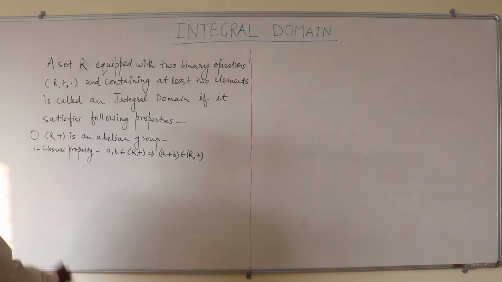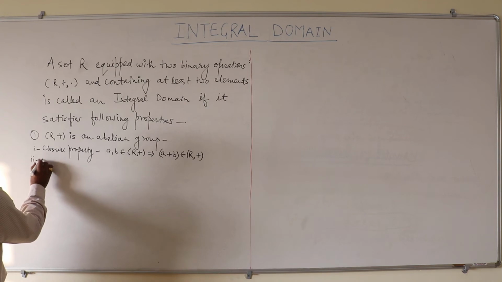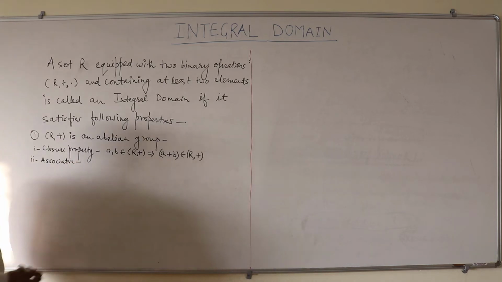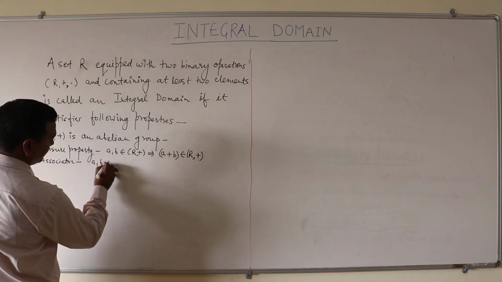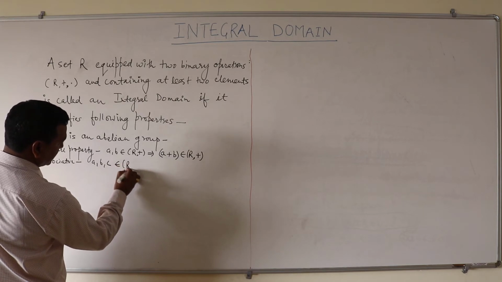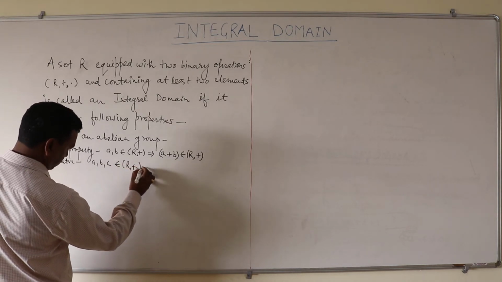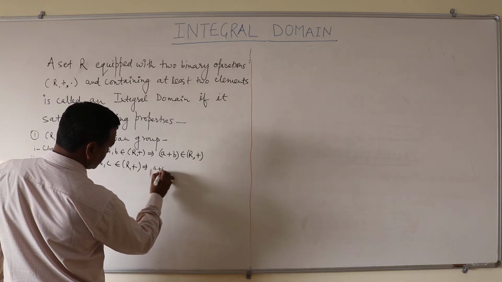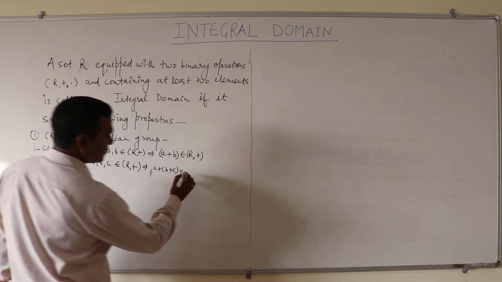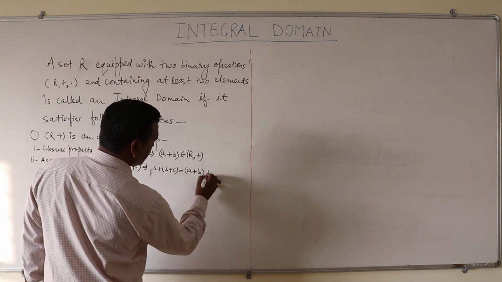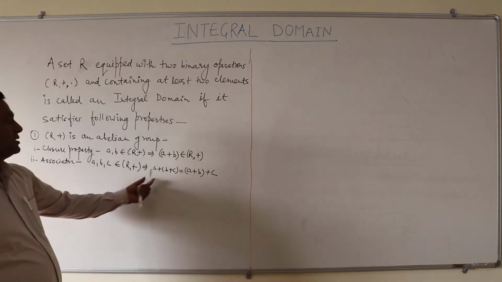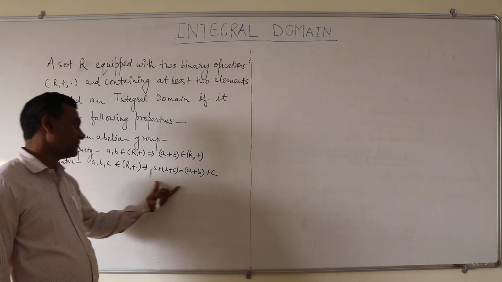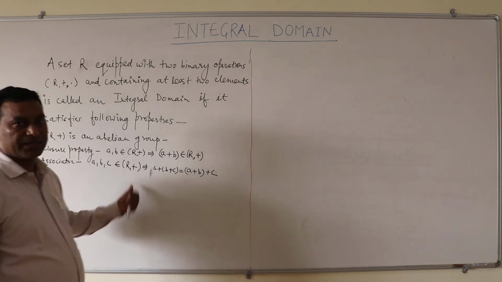Second property is associative property. Associative property says if a, b, c are three elements that belong to this set, then (a plus b) plus c will be equal to a plus (b plus c). Means these three elements will show associativity with respect to the binary addition.